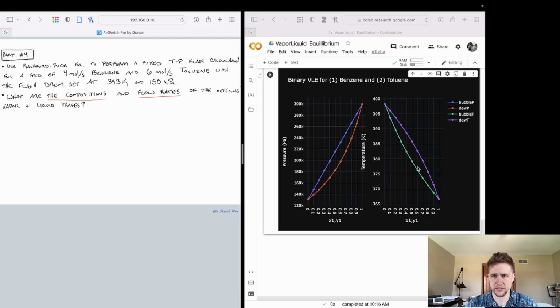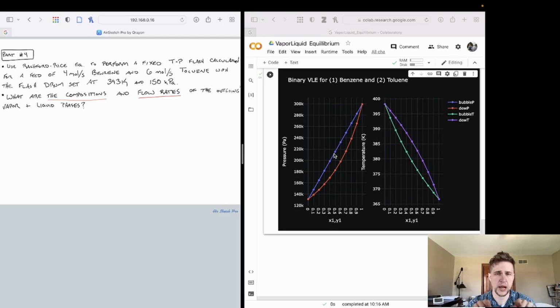Any separation has to happen in between these curves. And if we find that our mole fraction is greater than 1 or less than 0 for either of the phases, that means separation did not occur as we were hoping for.